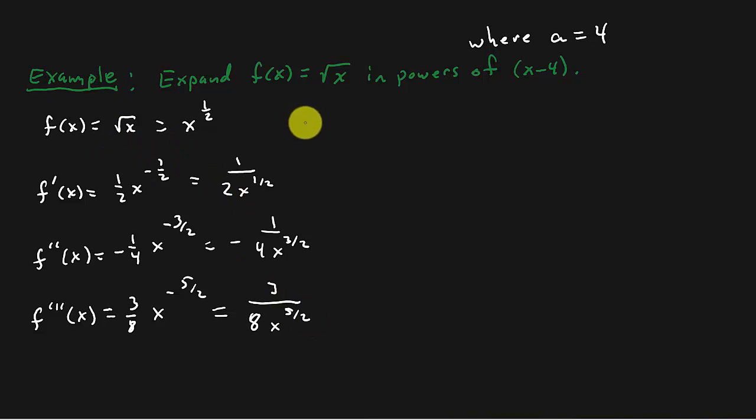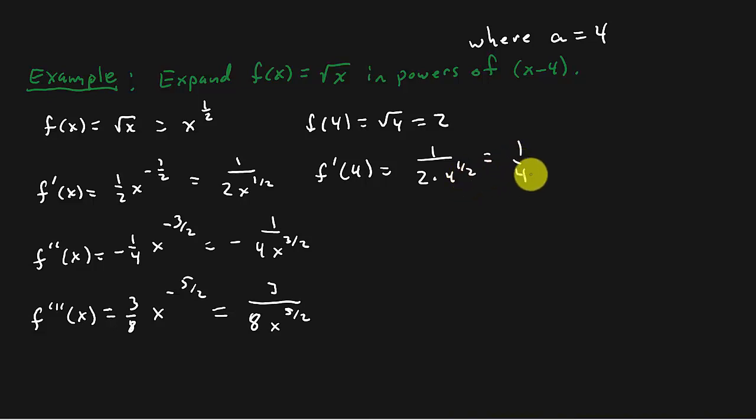So f of 4, well, that's just the square root of 4, which is 2. F prime of 4 is going to be 1 over 2 times 4 to the 1/2. Well, 4 to the 1/2 is 2, so that's going to be 1/4. And then f double prime of 4 is negative 1 over 4 times 4 to the 3/2.